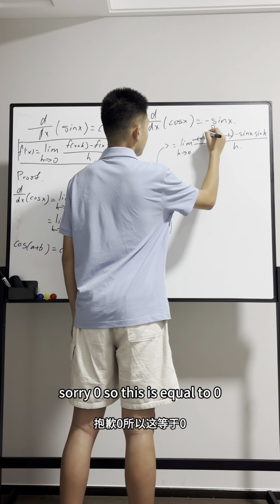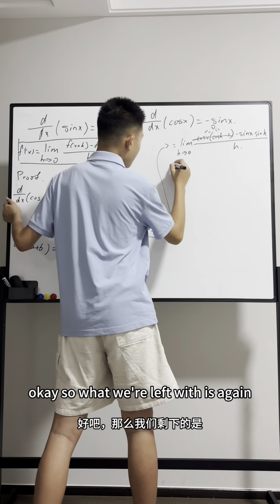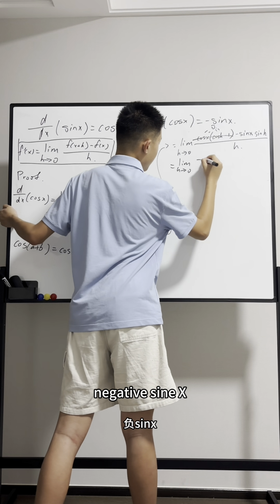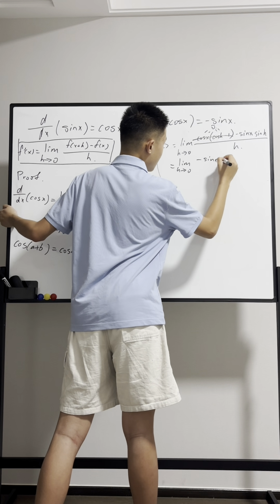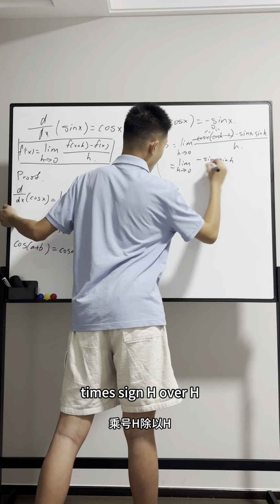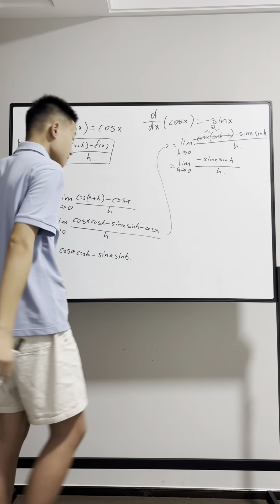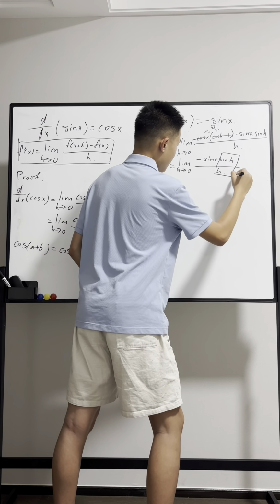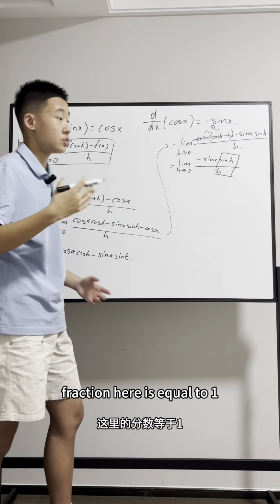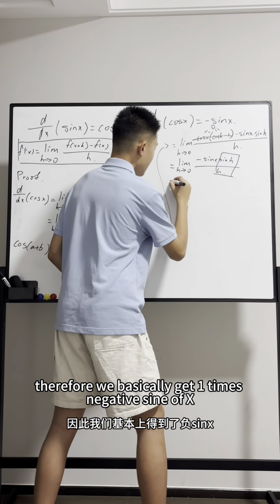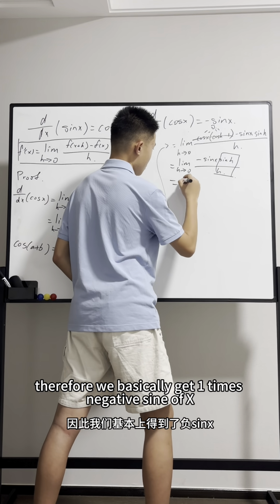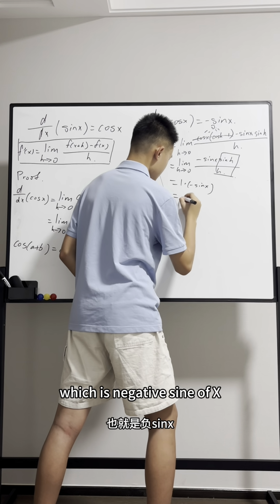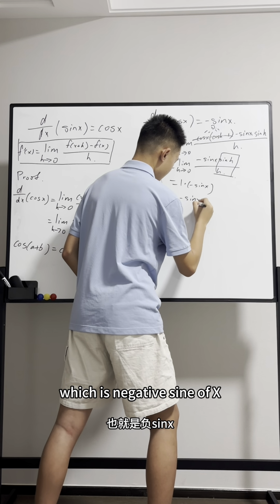So what we're left with is, again, negative sine x times sine h over h. And now we know that this fraction here is equal to 1. Therefore, we basically get 1 times negative sine of x, which is negative sine of x.